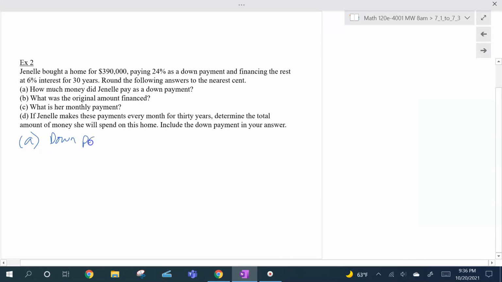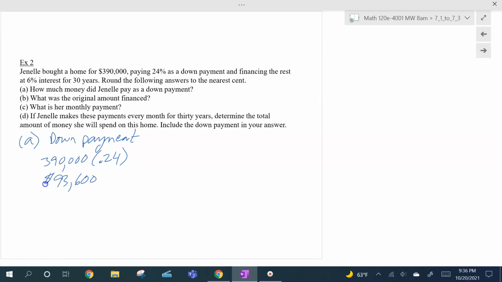Well, the down payment is 24% down. So she's buying this home for $390,000, but she's putting 24% down. So times 0.24, punch that in. Looks like 93,600. Janelle's saved up this much money to put as a down payment.